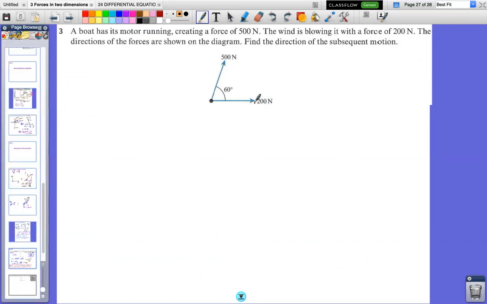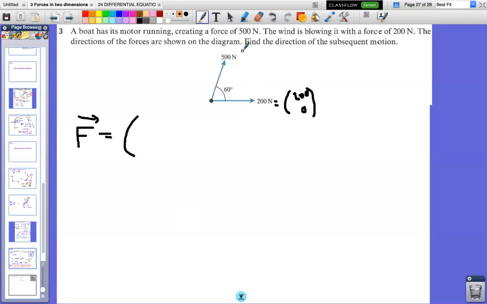So we sum the forces. Now I will use vector summation. This vector here is just the vector 200, 0. It's in the x-axis, so the y component is 0.